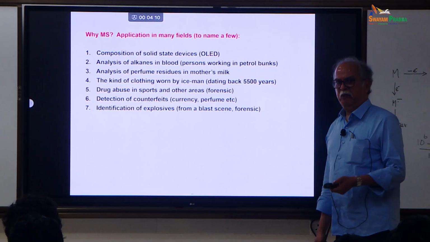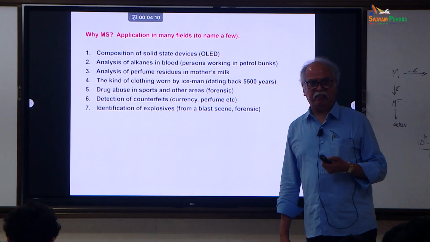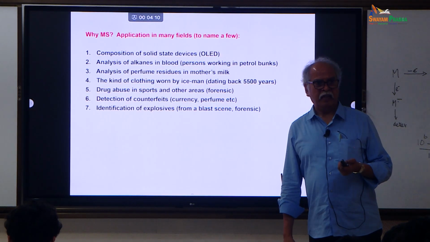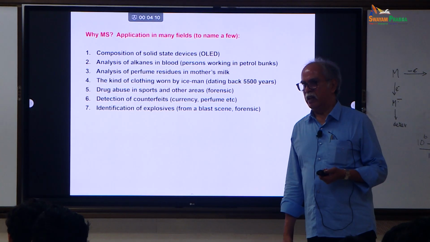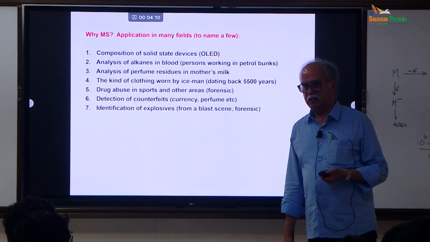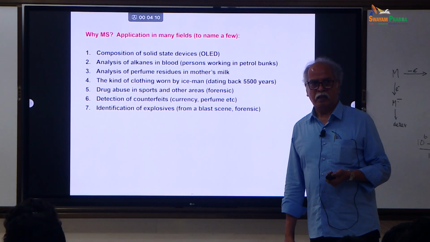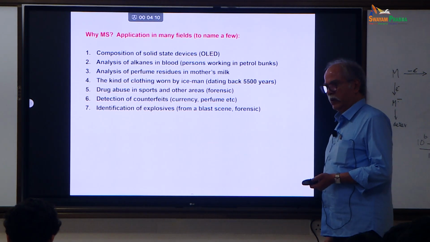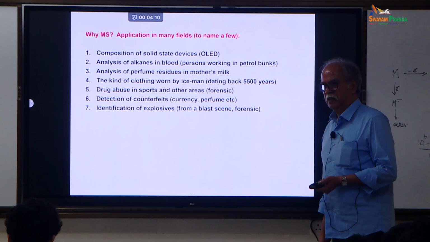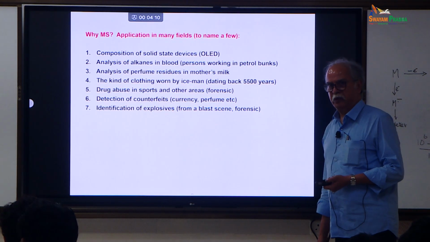You spray the perfume on yourself, it penetrates through the skin and reaches the inner part of the body, dissolves in the blood and comes out in the form of milk. That's not nice, because you don't know what goes into the perfume industry in terms of the chemicals they put in.